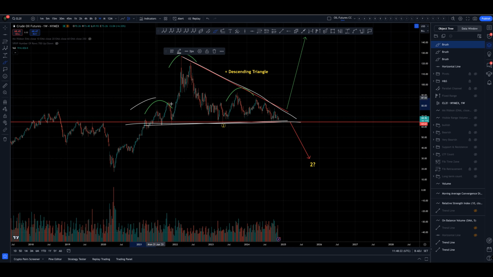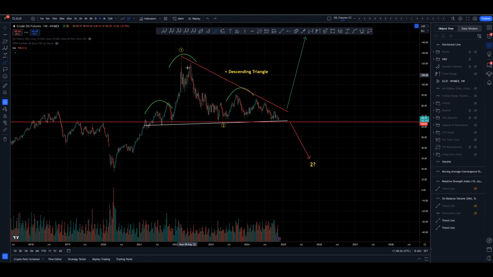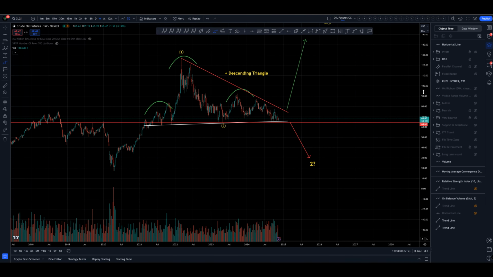Both of these structures are bearish, there's no denying it. Probability on the larger time frame is to break to the downside for both a descending triangle and a head and shoulders. It can be rejected, but the probability is to the downside.